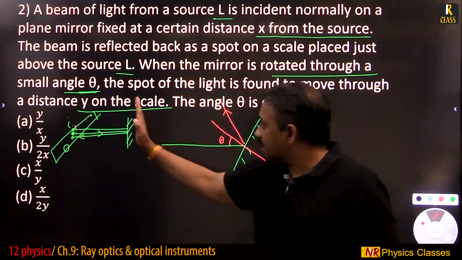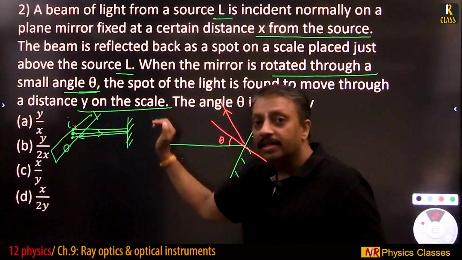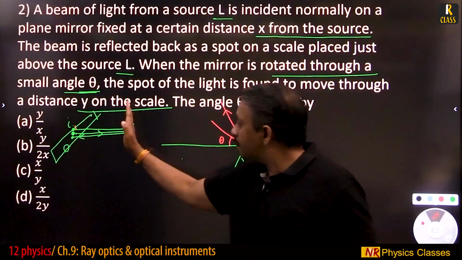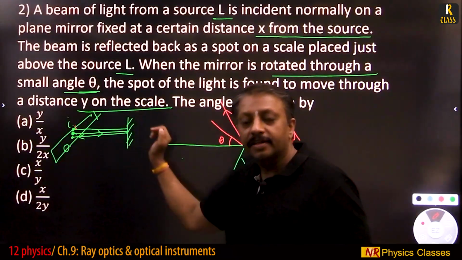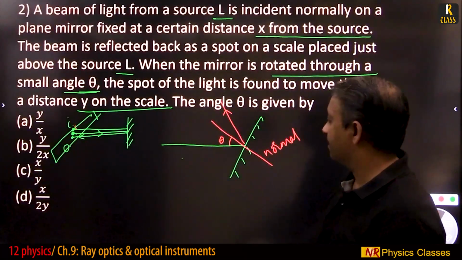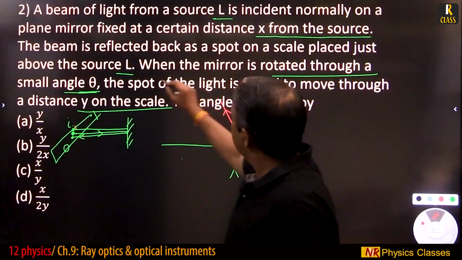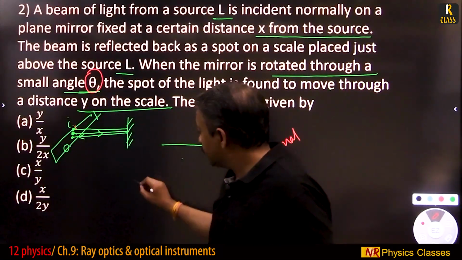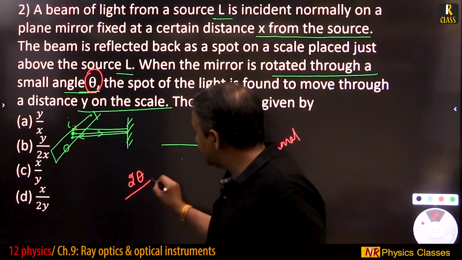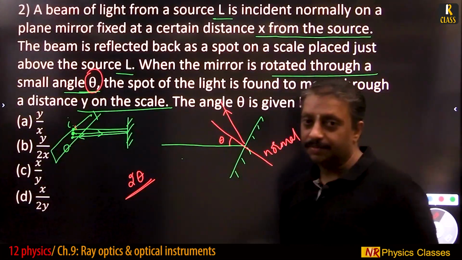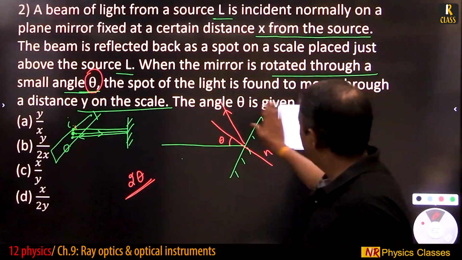If the mirror is turned by 30 degree, then the reflected light is obtained at 60 degree. If the mirror is turned by 10 degree, reflected light is obtained at 20 degree, 2 times. So if theta is the rotation given to the mirror, then 2 theta is the direction of reflected light. This is the second concept.